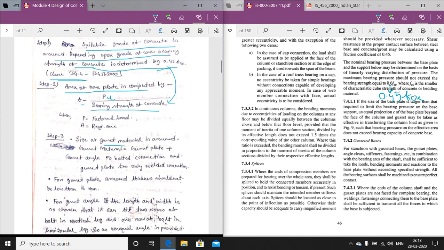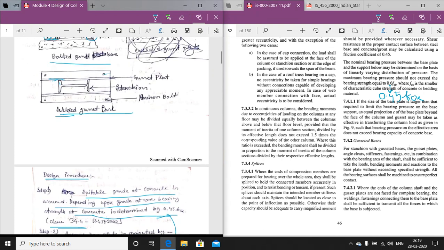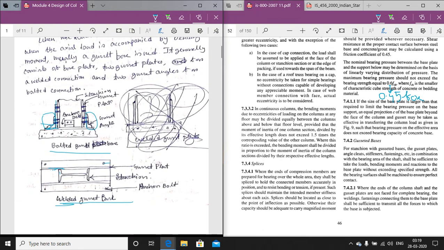For a normal bolted base, what is the gusset material? The gusset material is the gusset plate and the gusset angle. These two combined are called the gusset material.